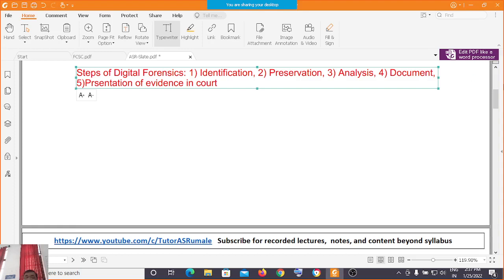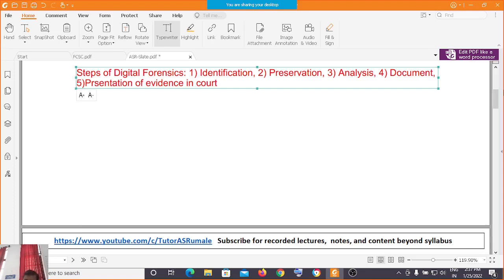So there are many ways to prove your evidence wrong, false, or non-admissible. The presentation has to be very strong, and that happens only through documentation. So proper documentation, photographs, eyewitnesses, those things need to be done.